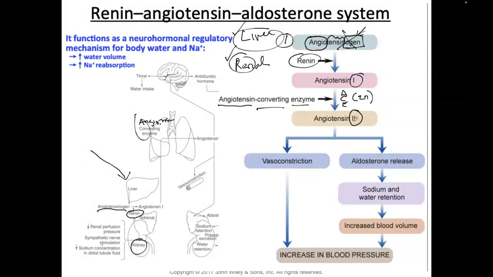Angiotensin 2, its job is to say, you know what? We have something going on with the body and the blood pressure is way too low and we can't function that way. So we need to increase the blood pressure. What angiotensin 2 does is it constricts the blood vessels.